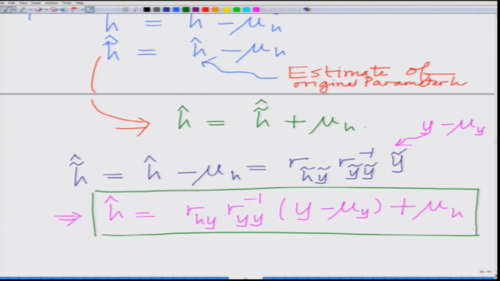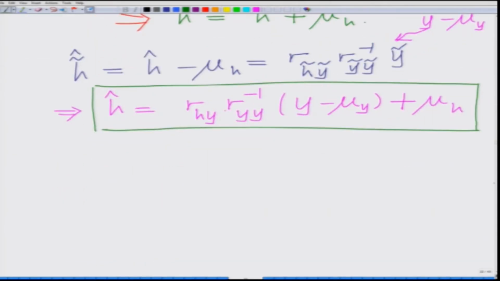That is your expression for the LMMSE estimate. What is this?